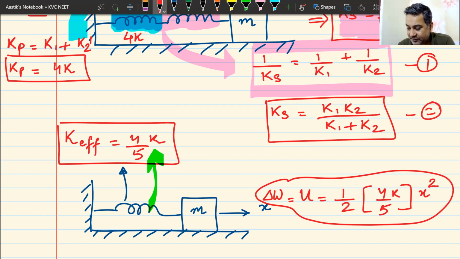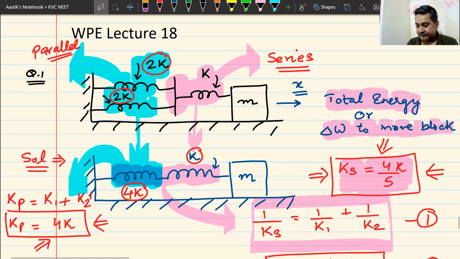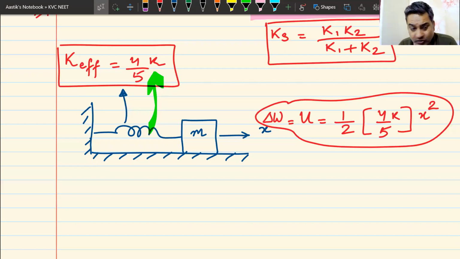So the effective answer becomes 4 by 5K. At the end of the day, I have one spring with a spring constant of 4 by 5K, and I simply find out the energy of that spring using half kx squared, or simply that is the work done in stretching the spring. Anyone has any doubts? I'll give you 2 minutes to note it down.